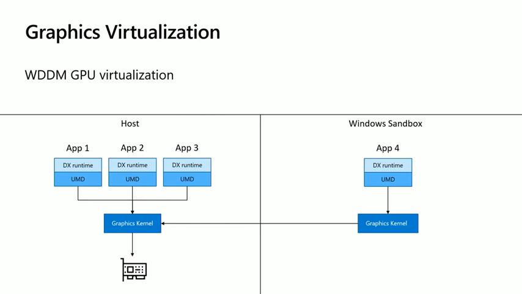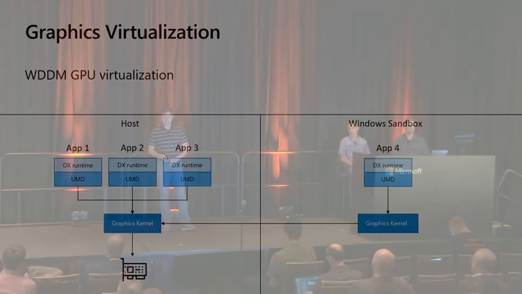Hey, this VM gets 20%, this guy gets 20%, things like that. Again, that's not really what we want in this environment. If some game is running in the container and he wants to use 100% of the GPU, he should be able to.